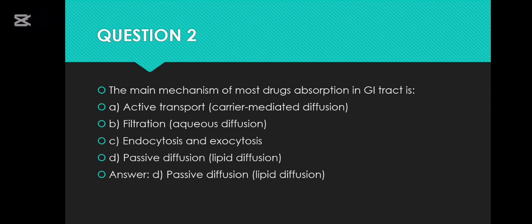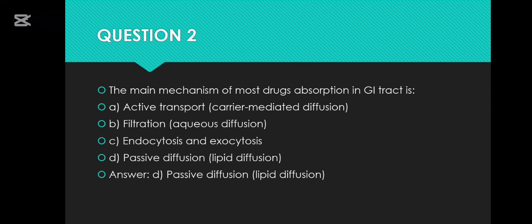So I remember explaining to you the major mechanism that most drugs use in order to be absorbed in the GIT. And I said passive diffusion. Why passive diffusion? This is because most of the drugs have smaller molecules and they are lipid soluble, so they are able to move across the cell membrane, because we have a hydrophobic core.